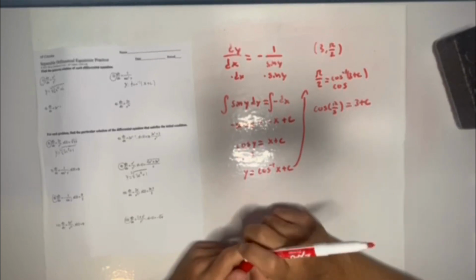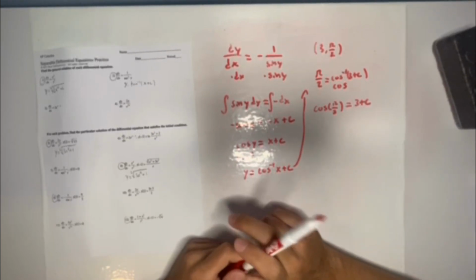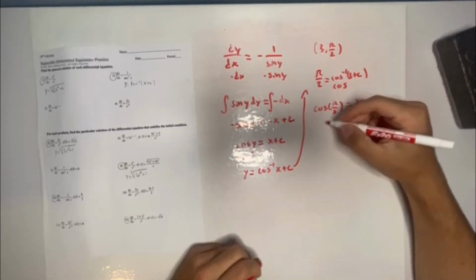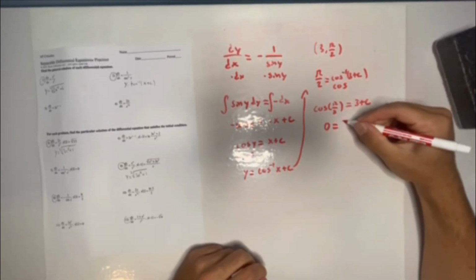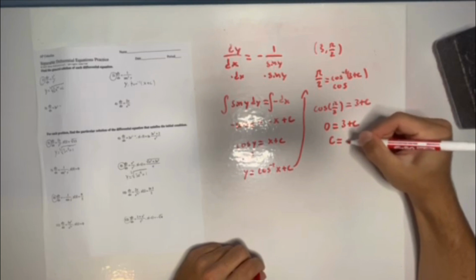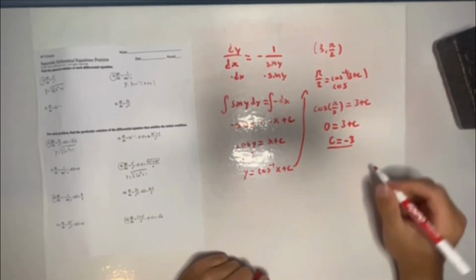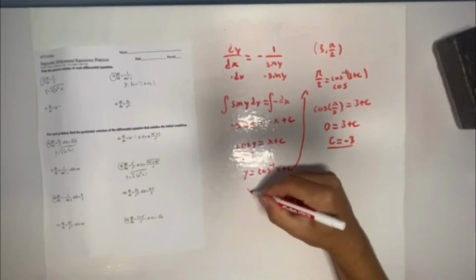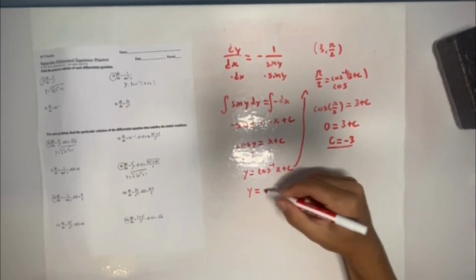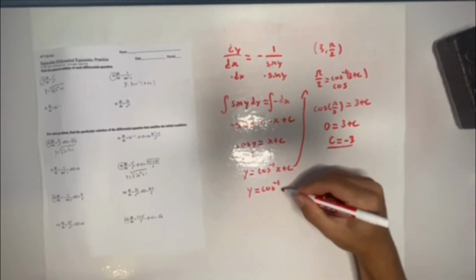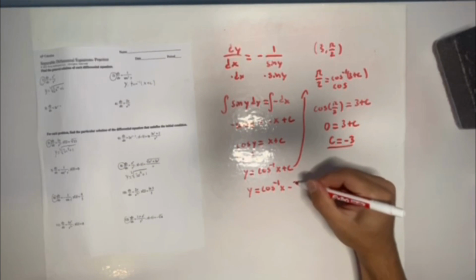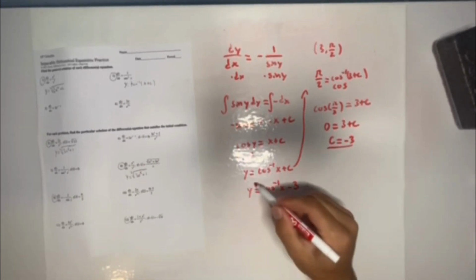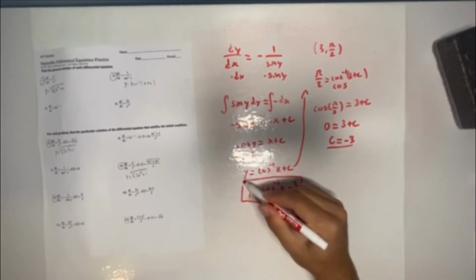Yeah, because sine of pi over 2 is 1, so that has to be 0, which makes things a lot easier. So c just equals negative 3, and we can go back, plug that in, and we get y equals cosine of negative 1x minus 3.